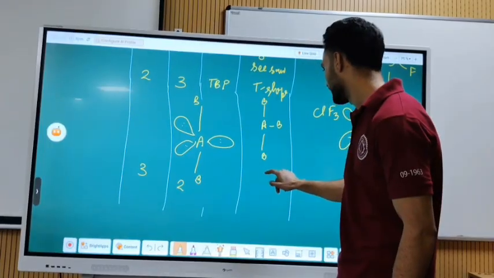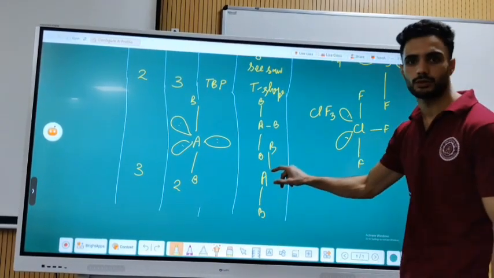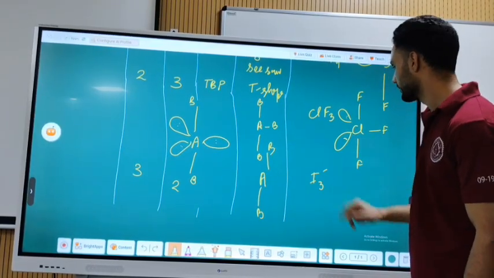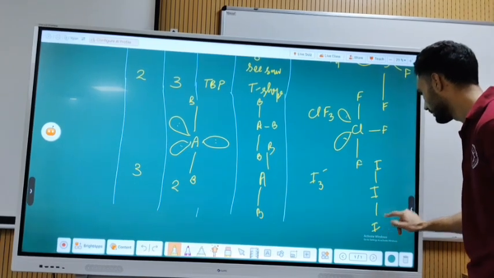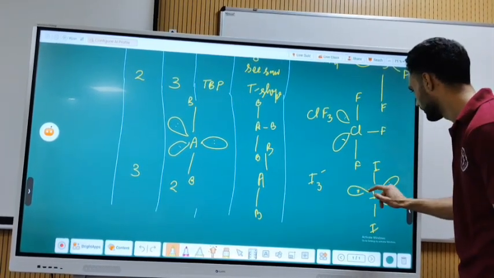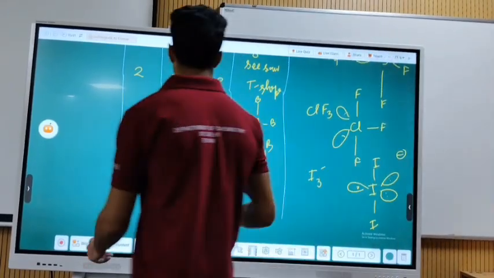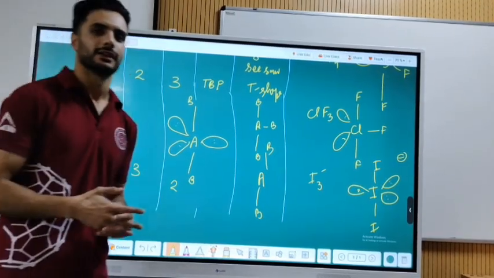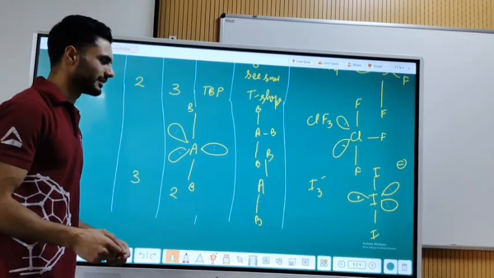The shape comes out like this, A, B, B, which is a linear shape. For example, I3 negative. So this was the final case of steric number 5. Now let's take steric number 6.